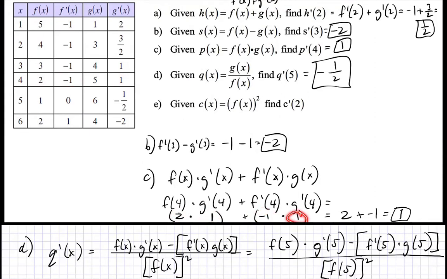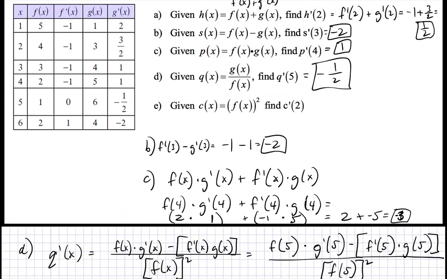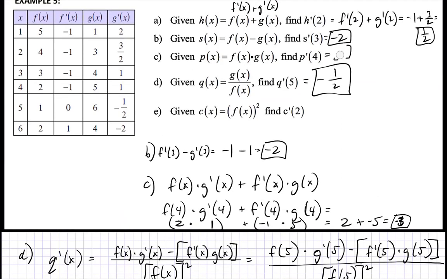And then G prime of 4 is 1. Oh, sorry, I did G prime twice, right? That was supposed to be G regular. So G of 4 is 5. So the second is going to be -5, which makes this -3. That's letter C. Let me change that one to -3.